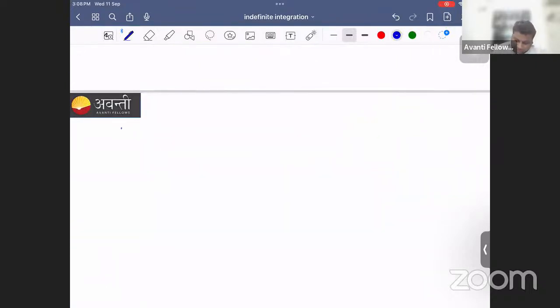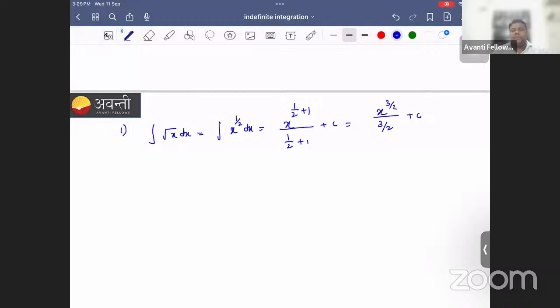See, question number 1, integration of under root of x dx. This is x raised to the power 1 by 2 dx. So that would be x to the power 1 by 2 plus 1 upon 1 by 2 plus 1 plus constant, that is x raised to the power 3 by 2 upon 3 by 2 plus constant. Got it?